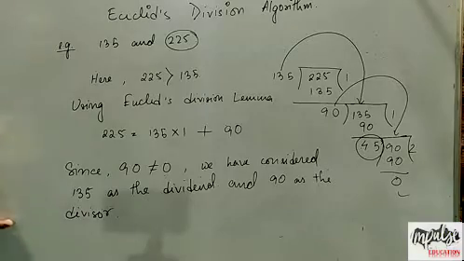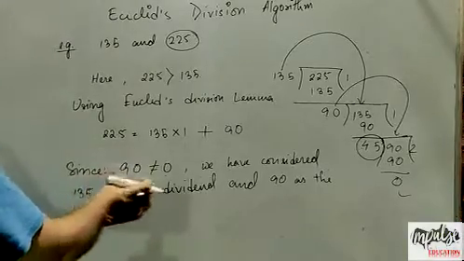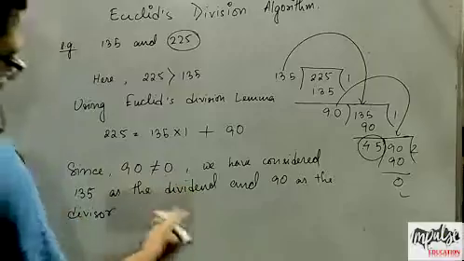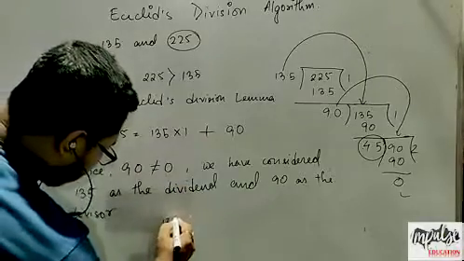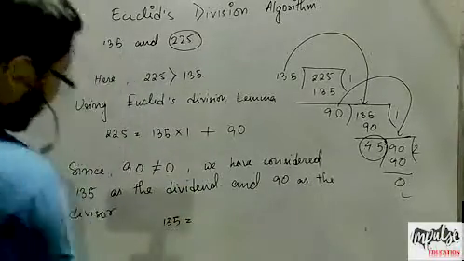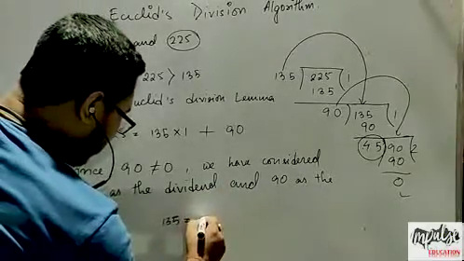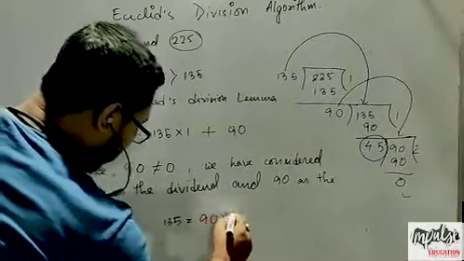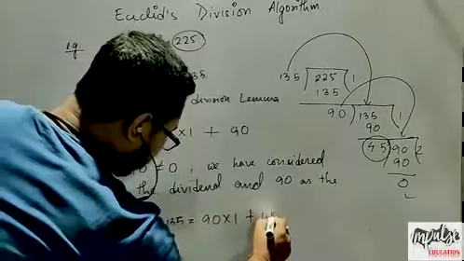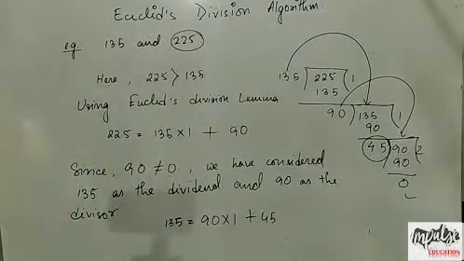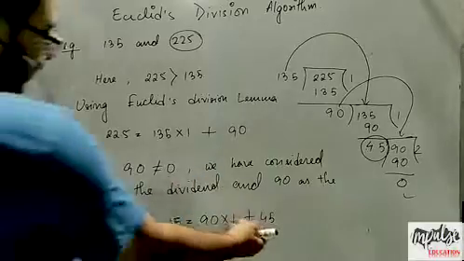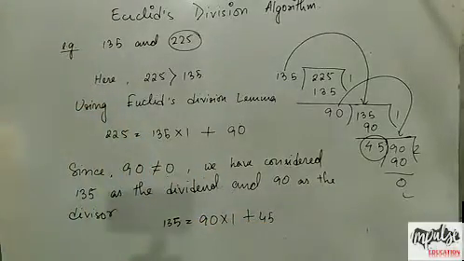Correct? So when we have chosen 135 as the dividend, what did we get? 135 equals 90 into 1 plus 45. Correct? Again, the remainder is not equal to 0.